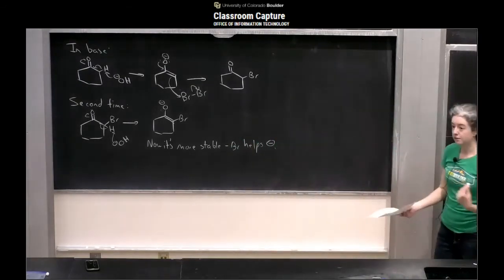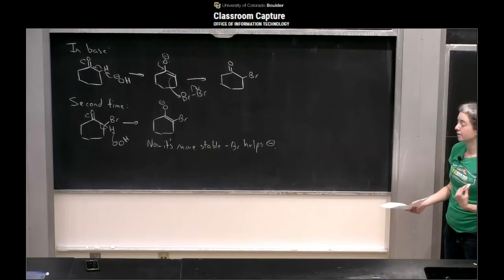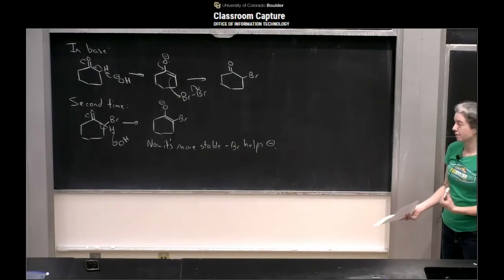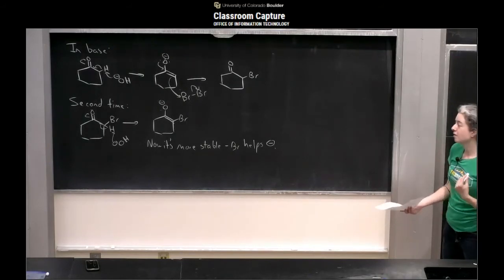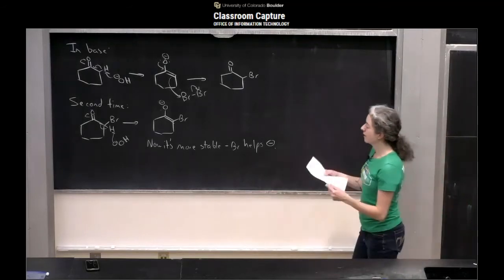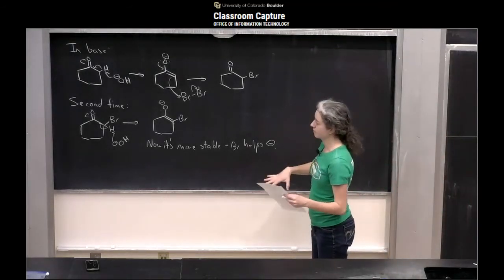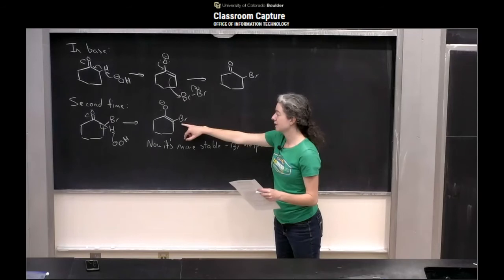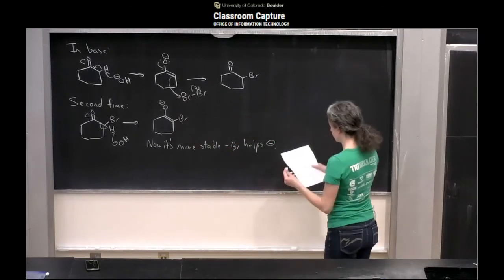So this reaction is actually going to be faster the second time through, which means we have kind of a runaway reaction problem on our hands, where you add once and then, depending on stoichiometry, unless you're careful about it, it may just keep adding multiple times.